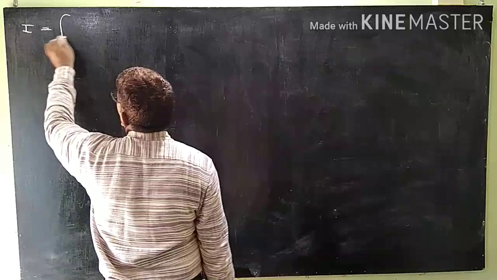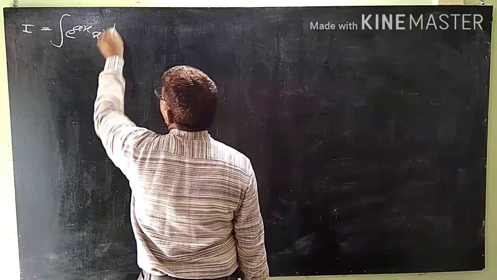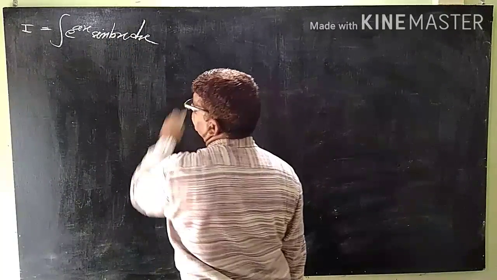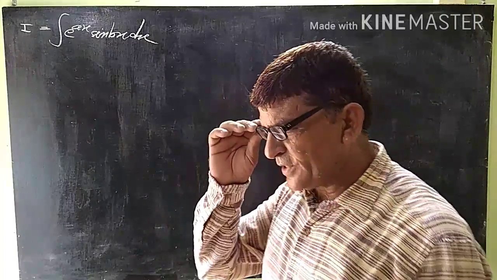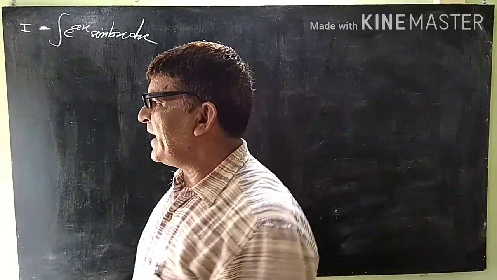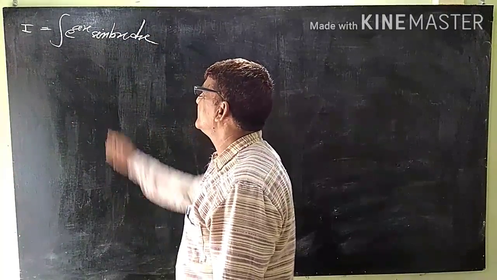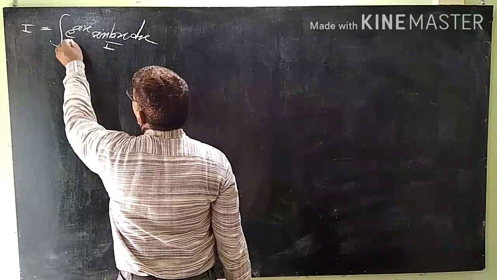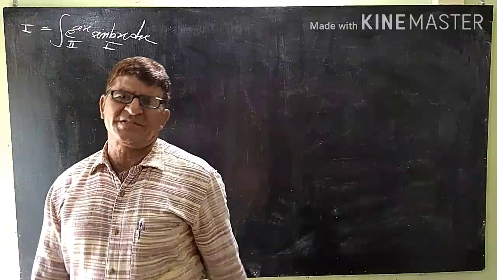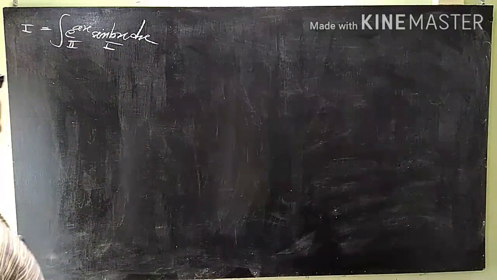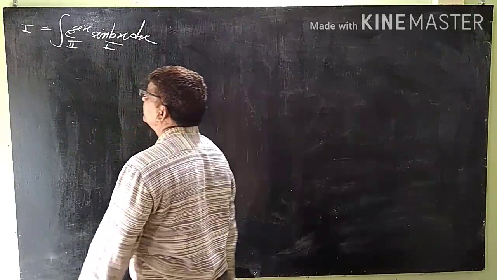I equal to power of e ax sin bx dx. This is like a question. We are taking it like a question, and according to ILATE, this is first and this is second. Now taking sin bx first and e ax second, we are going to start by the formula.